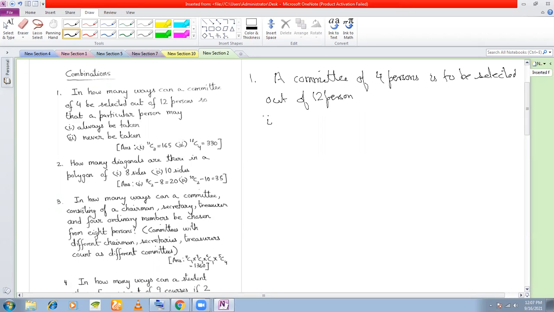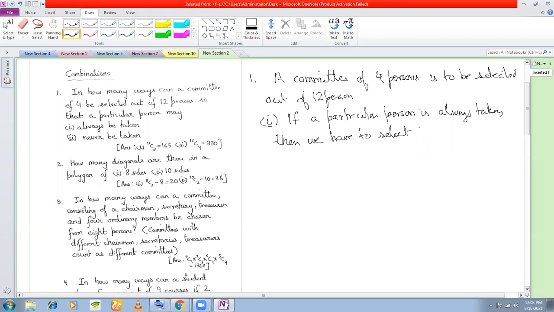And what is the condition given here? First condition is that a person is always taken. If that particular person, say person X, is always taken, then how many people do we have to select? That person is always there, right?